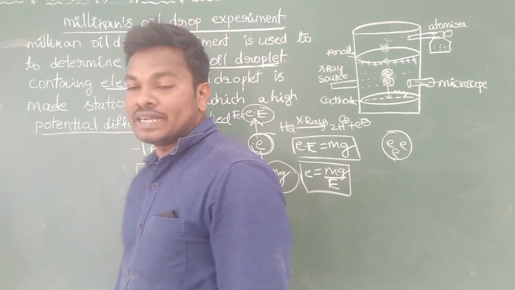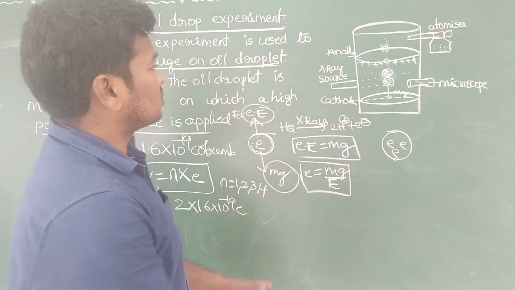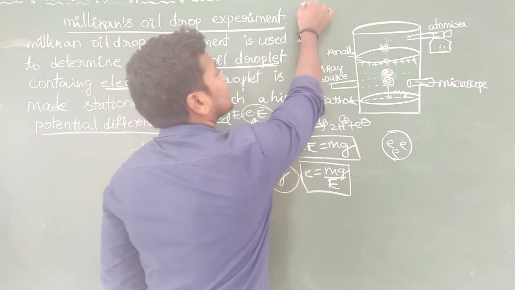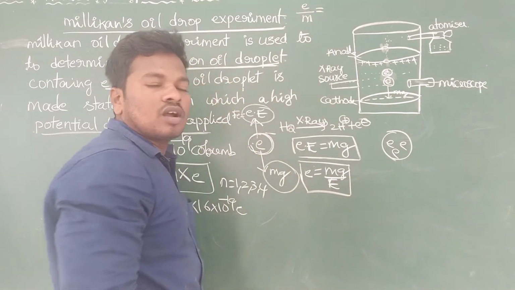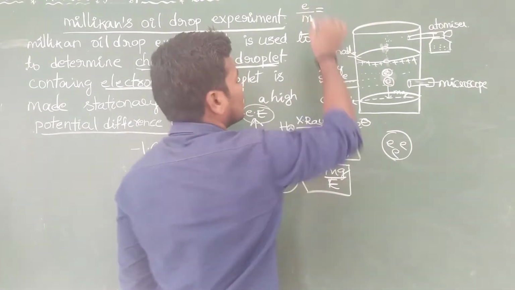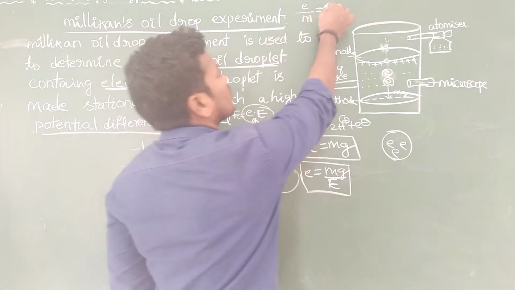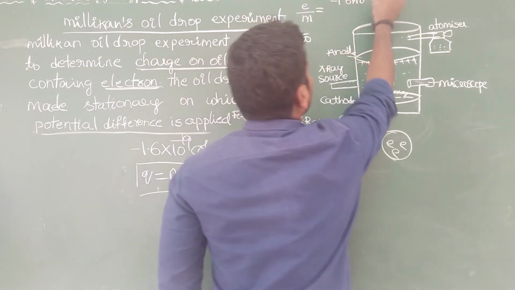Now you can see, after the Millikan oil drop experiment, J. J. Thomson calculated the charge to mass ratio. Charge to mass ratio is also called specific charge. So charge to mass ratio, e by m ratio: electron charge is how much? 1.6 into 10 to the power of minus 19 coulomb.